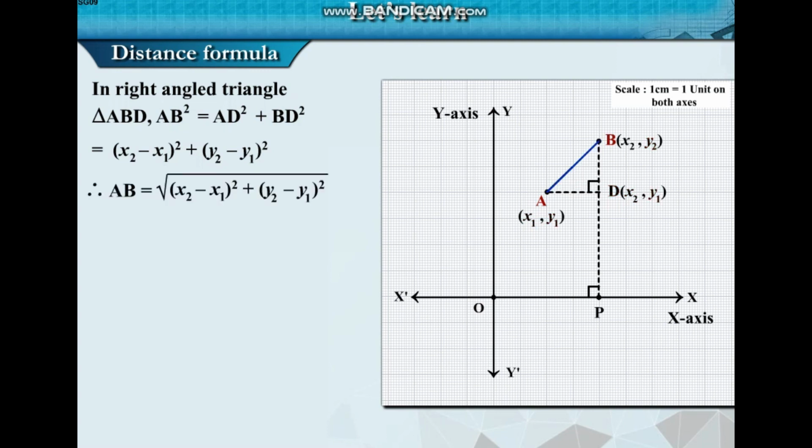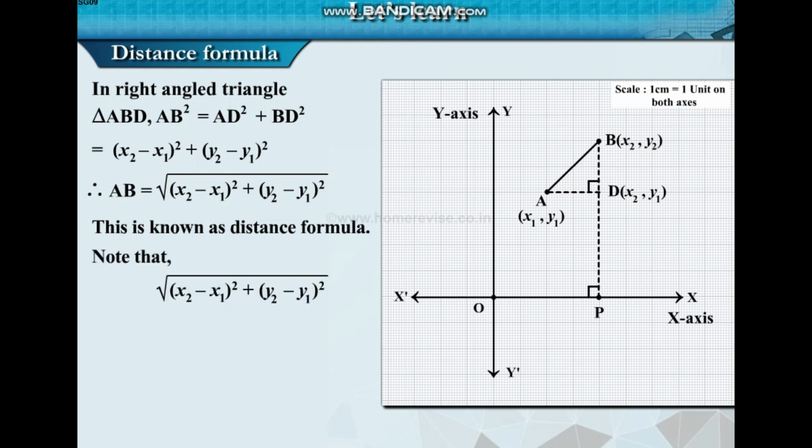Therefore, AB is equal to root of (x2 minus x1) whole square plus (y2 minus y1) whole square. This is known as the distance formula. Note that this is equal to root of (x1 minus x2) whole square plus (y1 minus y2) whole square.